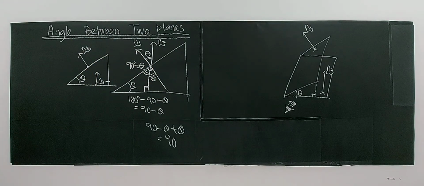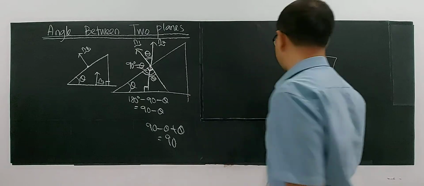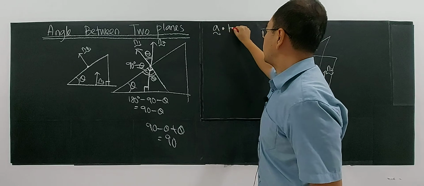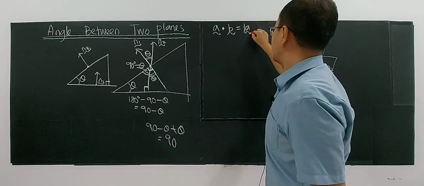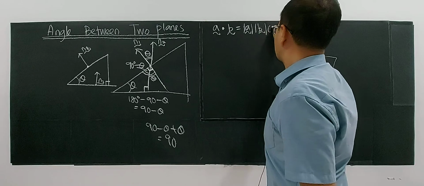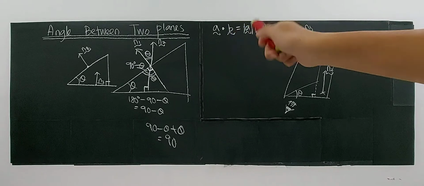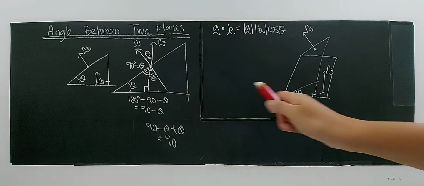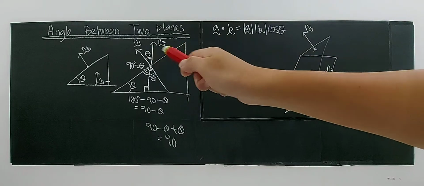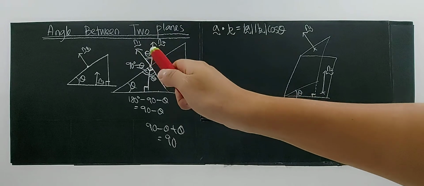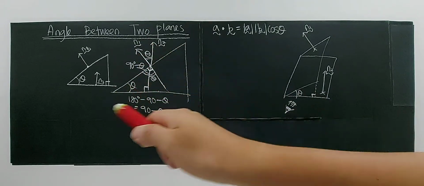With this knowledge, I can find the angle between the two planes. What is the formula? Since the angle between the two planes is the angle between the two normals, we use the formula we have learned: A dot B equals magnitude of A times magnitude of B times cosine theta, the dot product. As long as I find the angle between the two normals, that represents the angle between the two planes.